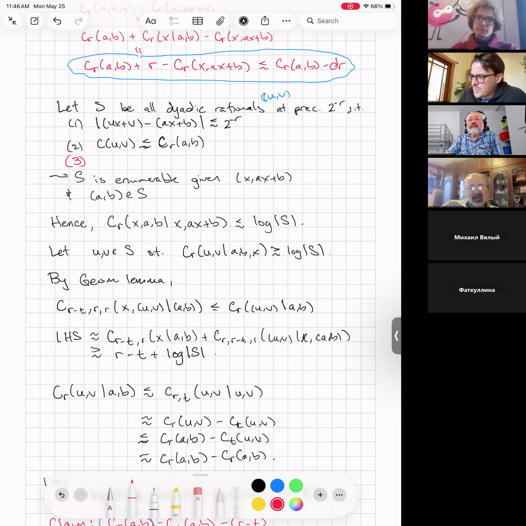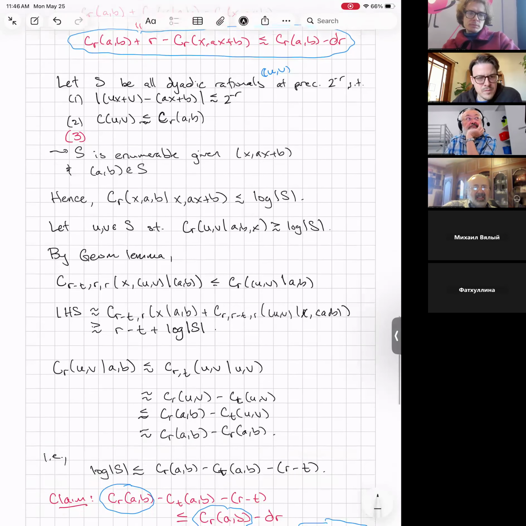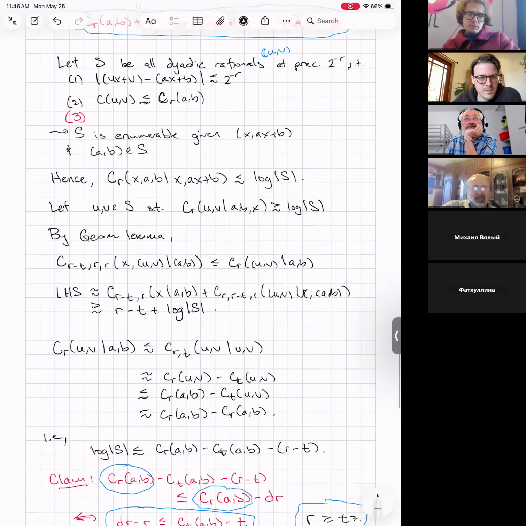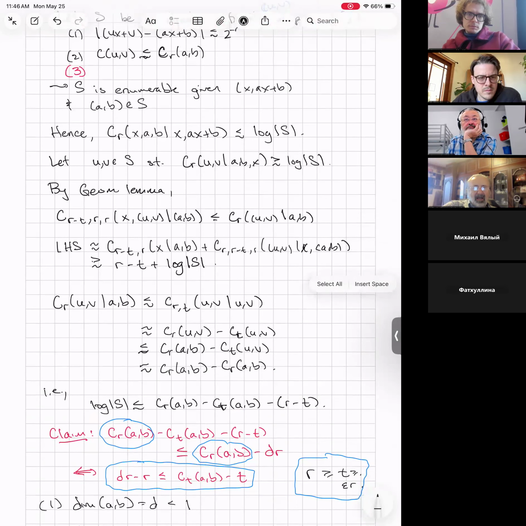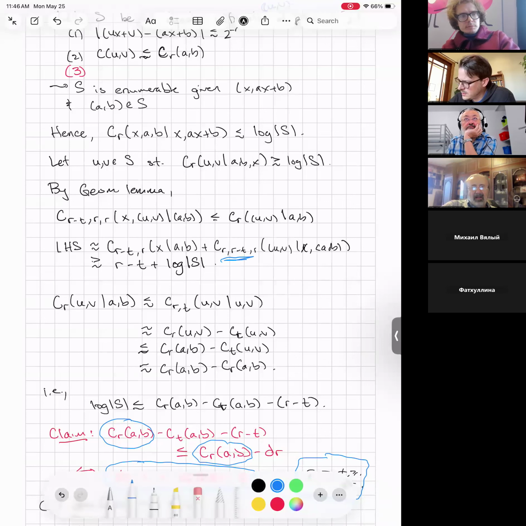I see another very subtle point in your argument. You use the notation C_{R minus T, R, R}. Do you assume that R minus T is applied to X and R to U and V, right? So, you're talking about here? What is applied to what?